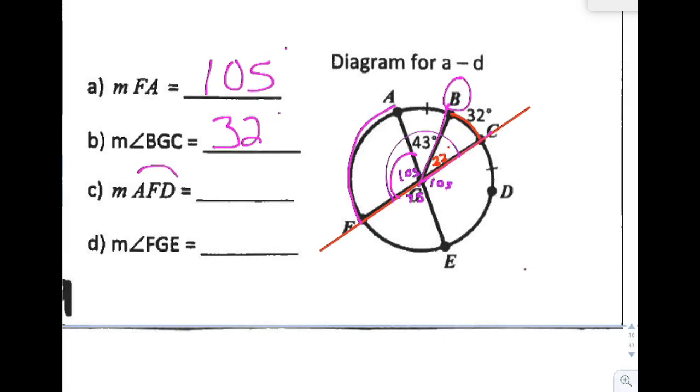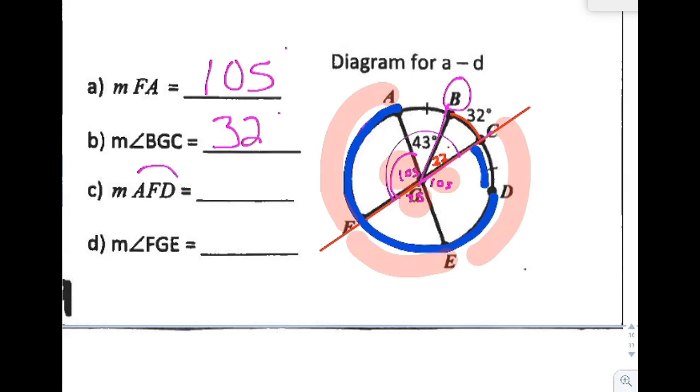The measure of arc AFD starts here, comes all the way around F, and goes all the way to D. The way I see this one, angle AFD, is you could add up the 105, the 75, and another 105, and then just subtract this piece here, which is the same as this, which is 43.